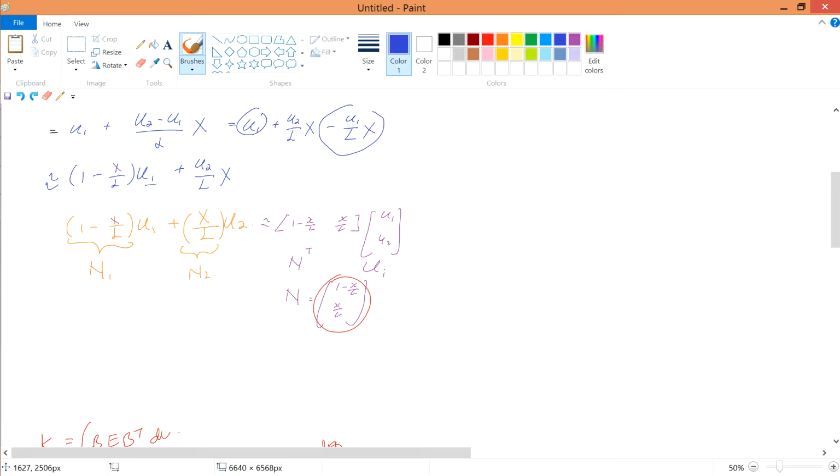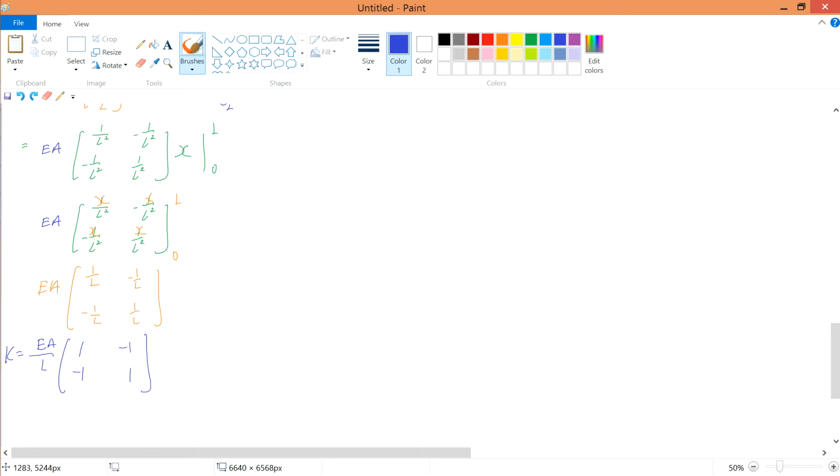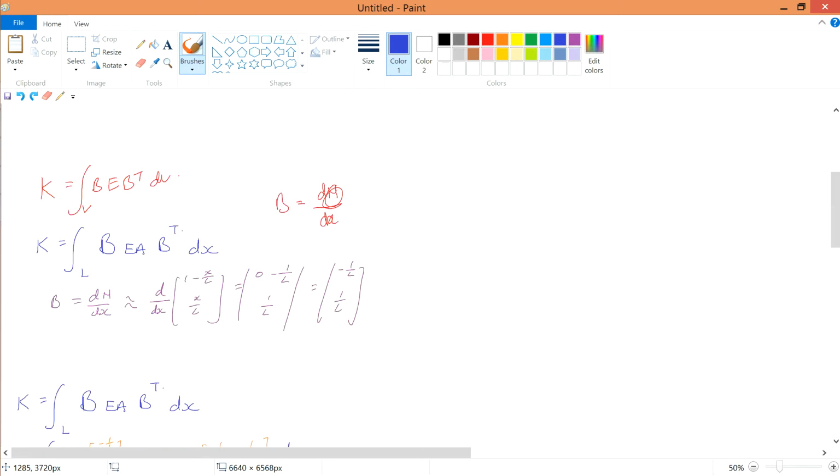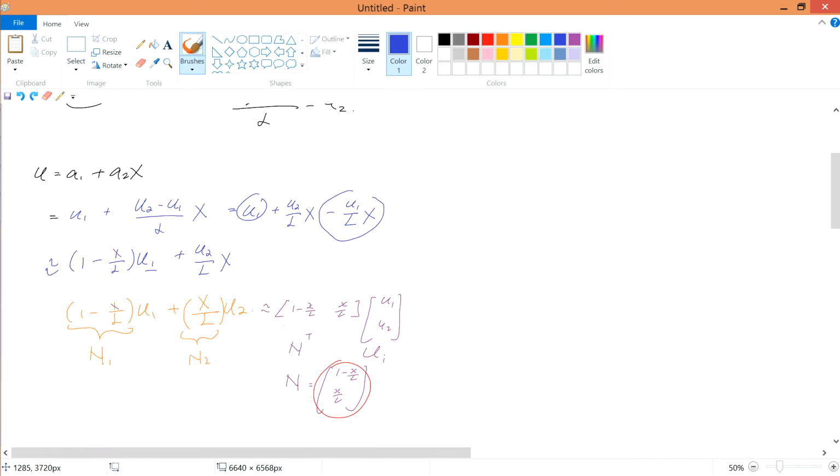You're going to utilize the shape functions that you derived, plug them into your B, and then solve for whatever it is.